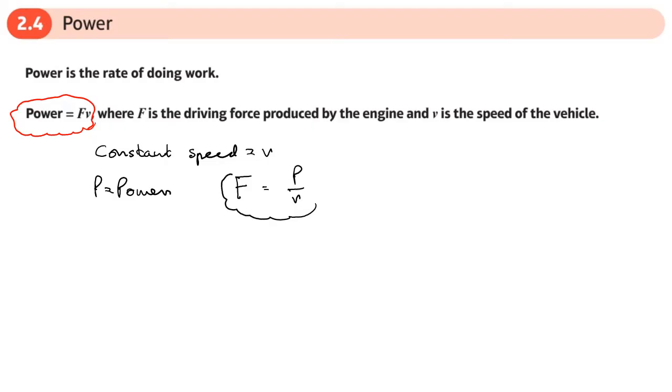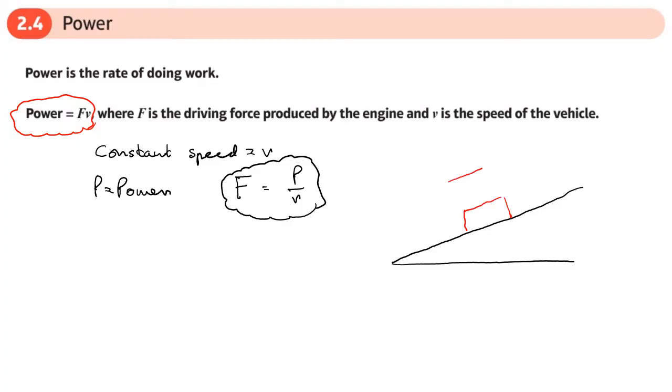Now the advantage of using that is that if you've got a question where you've got an object that's going up the slope at a constant speed, then the force making it go that way is going to be your P over V.